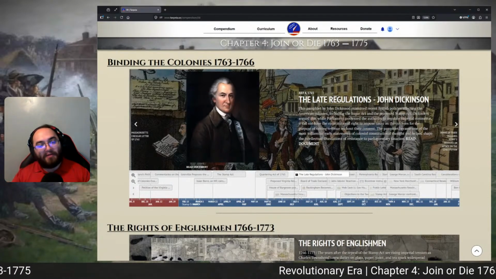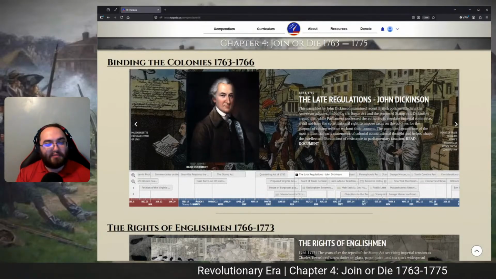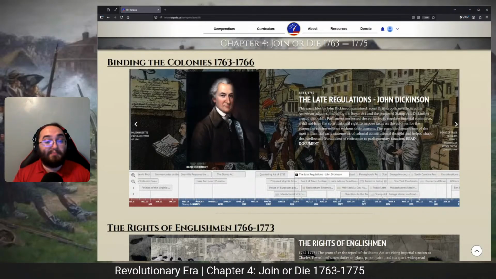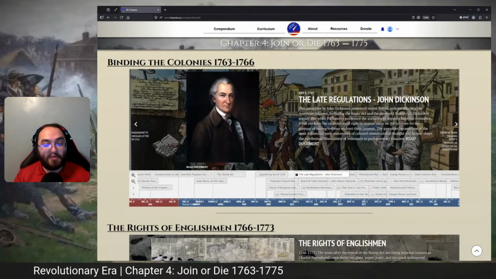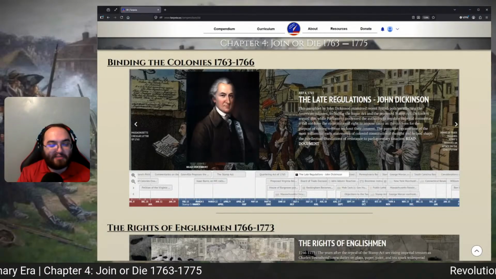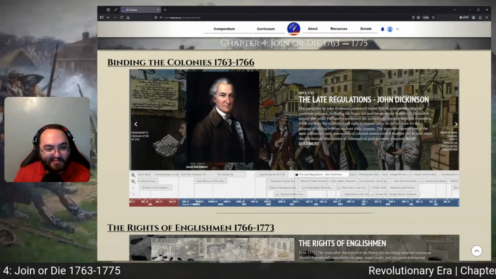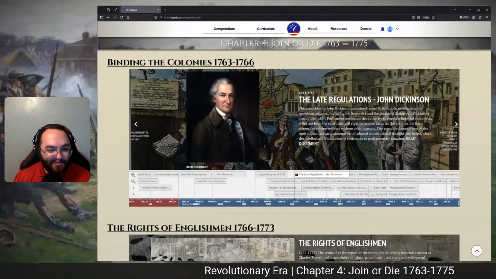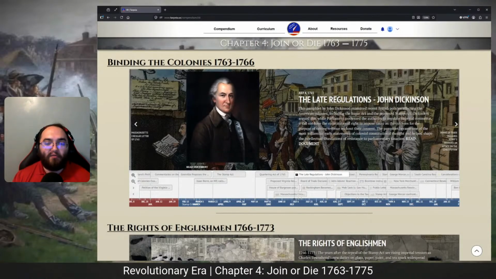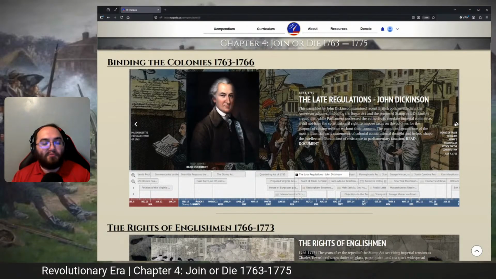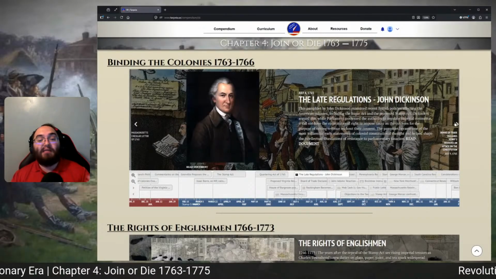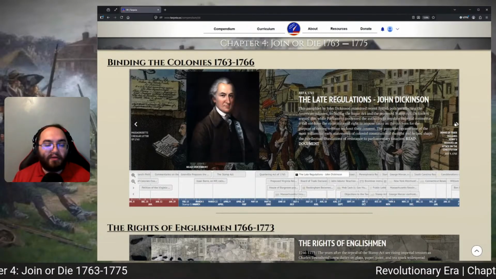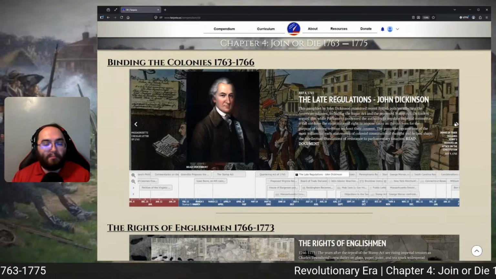But after independence was passed, and his vote was, he abstained from voting for independence. After independence is passed, then he joined the revolution. So he was a reluctant patriot. He didn't want to secede from the British Empire, but after his state of Pennsylvania did, he decided to stick with Pennsylvania and not with the British Empire.